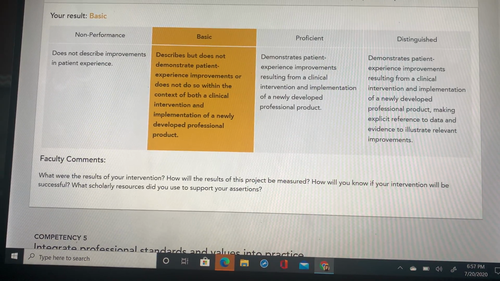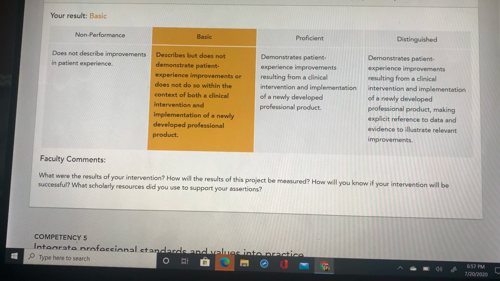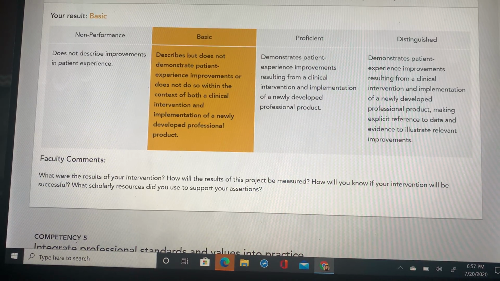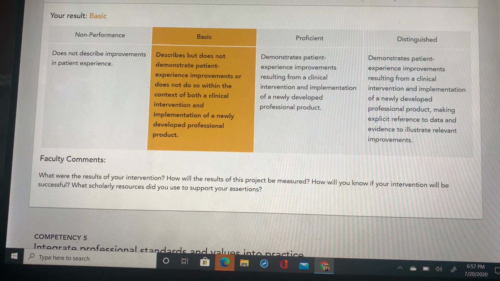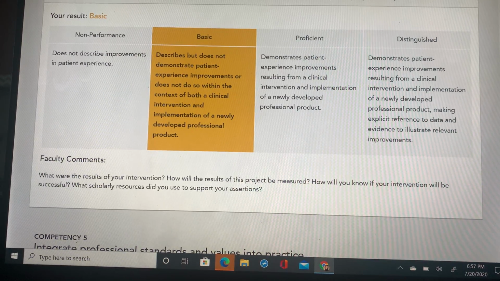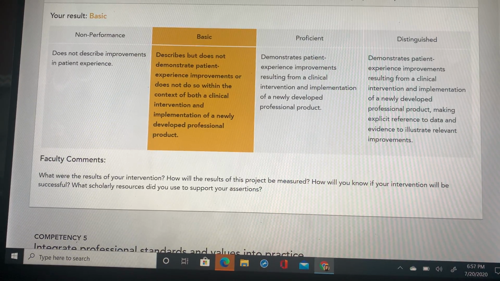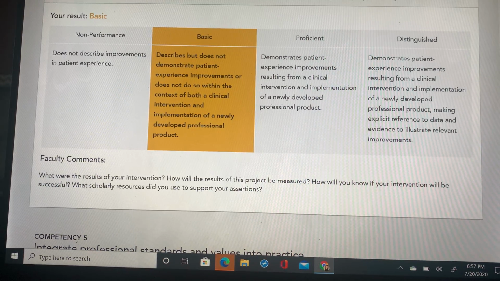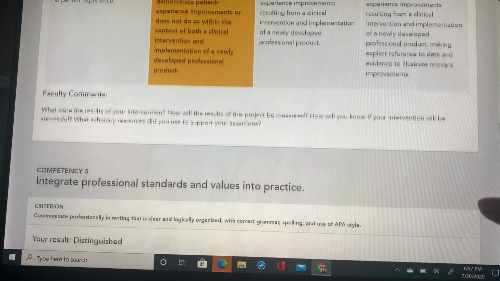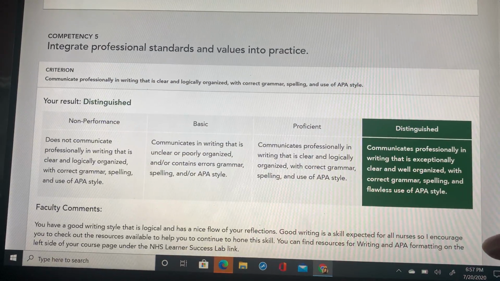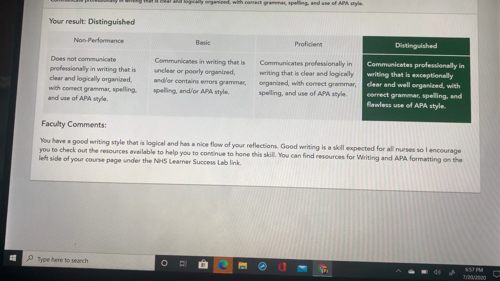How will you know if interventions will be successful? What scholarly resource did you use to support your assertion? So I missed all that. So you have to make sure you're not making stuff up, and you got something to back up what you said through research. And that was fine.